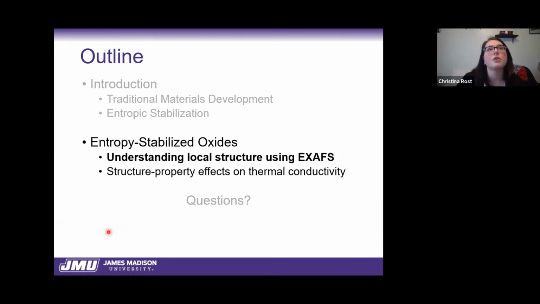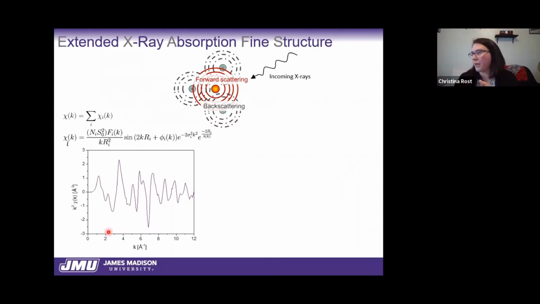All right, so now we'll talk about understanding the local structure using XAFS. I mentioned before that we had shown through high resolution STEM and the corresponding EDS map that it appears to be a random distribution of these cations on our cation sublattice. But if you really think about TEM, we're always looking down columns of atoms, so we could always miss something.